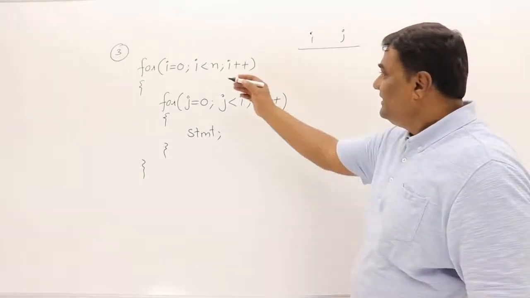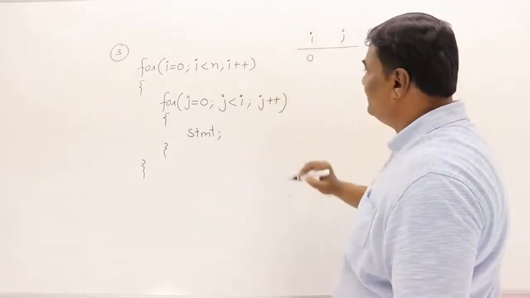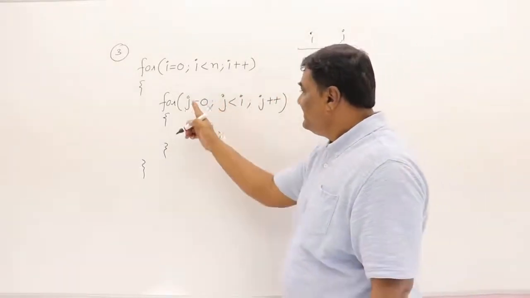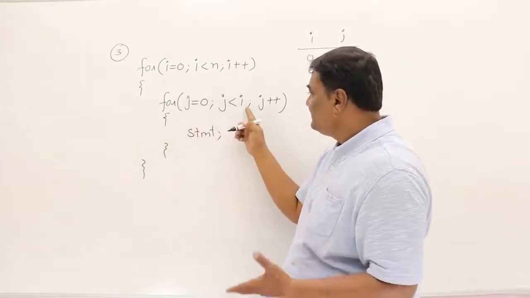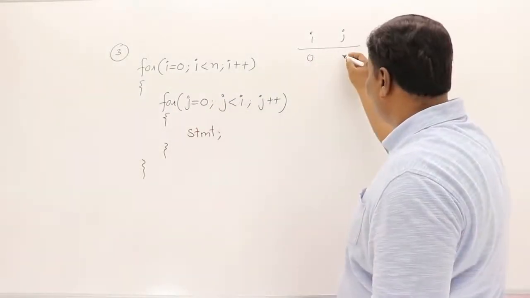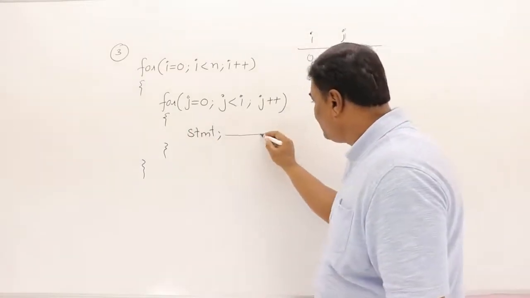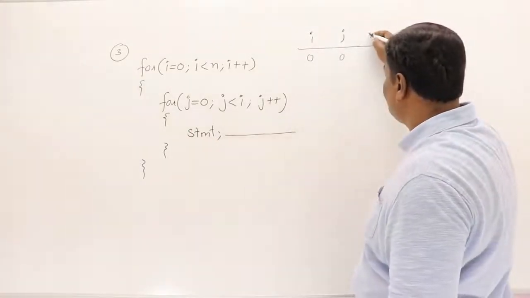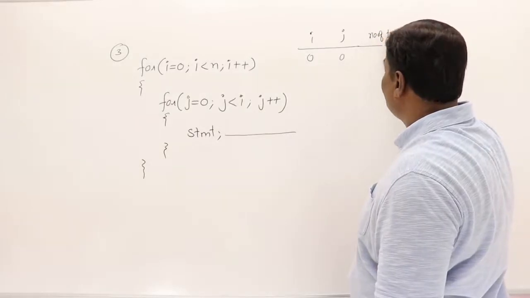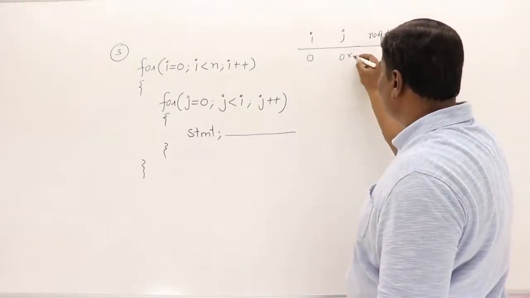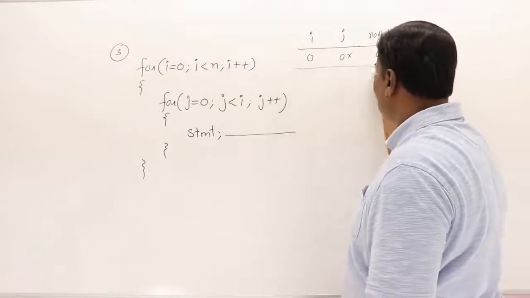Let us start. Initially i is 0. When i is 0, j starts from 0, and is 0 less than 0? No, it will not execute. Here I have to find out how many times this statement is executed. So it will execute 0 times.